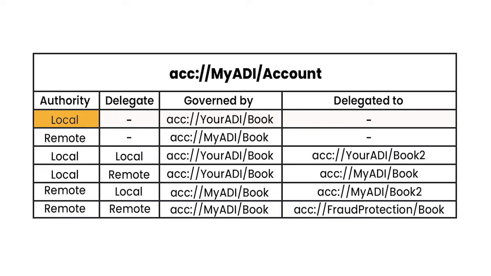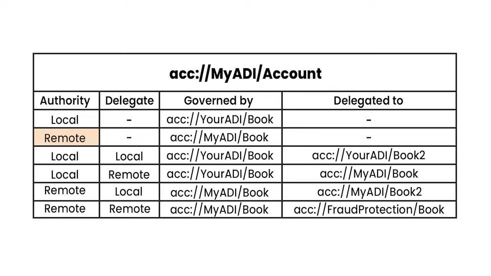This means that yourADI/account is governed directly by yourADI/book, where yourADI/book is the keybook URL for your ADI. In this scenario, you retain full authority over all your transactions, just like you retain authority over a typical single-sig blockchain address. You could also have a remote authority, where yourADI/account is managed by myADI/book.